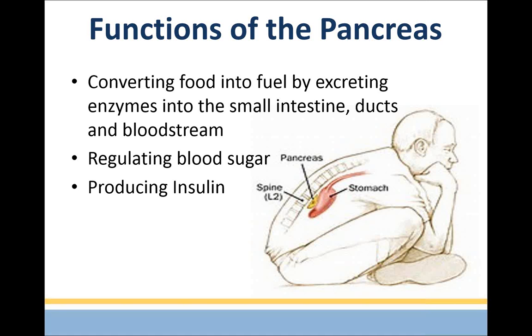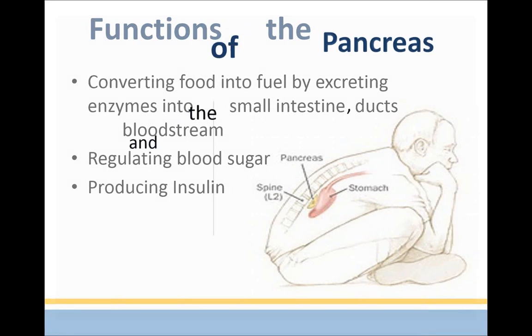The islets of Langerhans release hormones, insulin and glucagon, into the bloodstream to control blood sugar levels. The pancreas itself is about 2.8 ounces, about the weight of a C battery, and is about 6 inches long. And you can see the positioning in the slide. Okay, next.